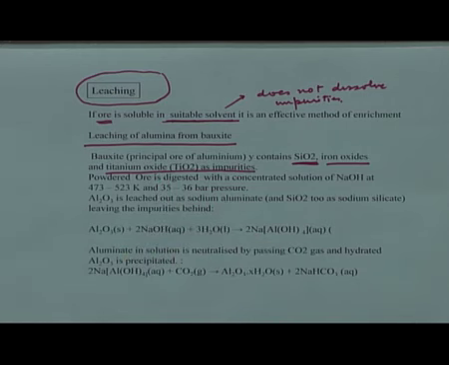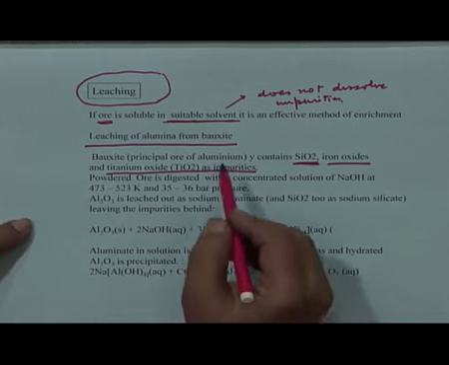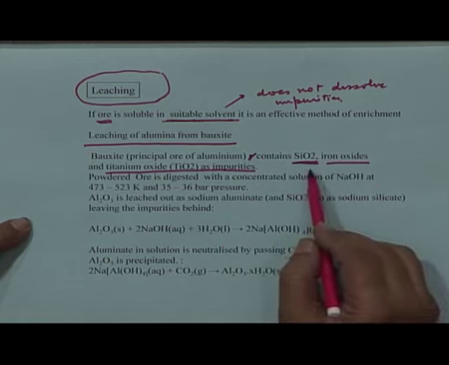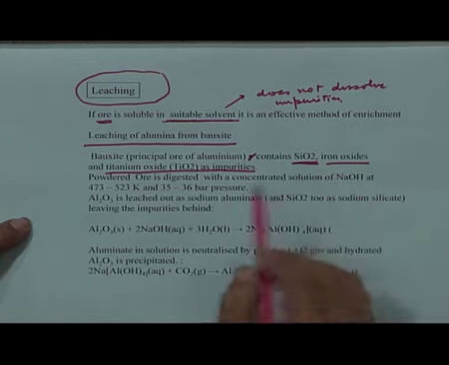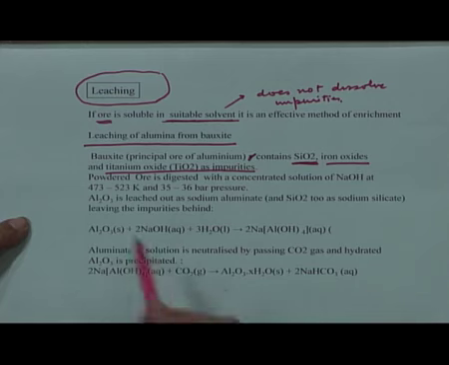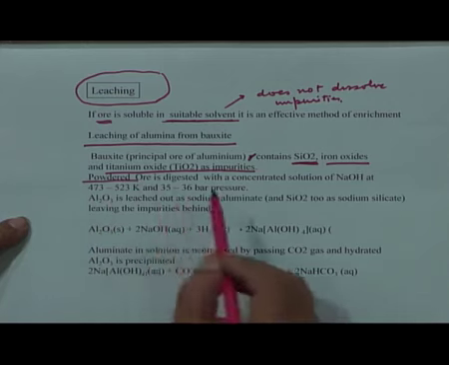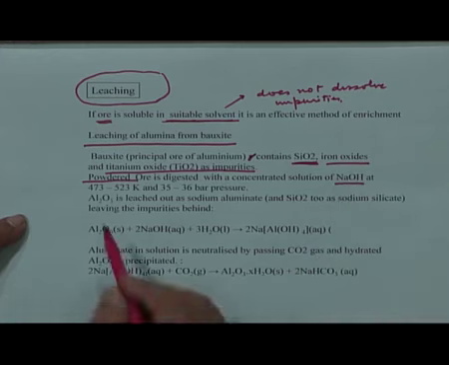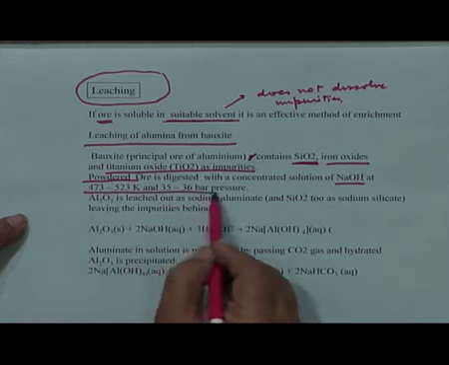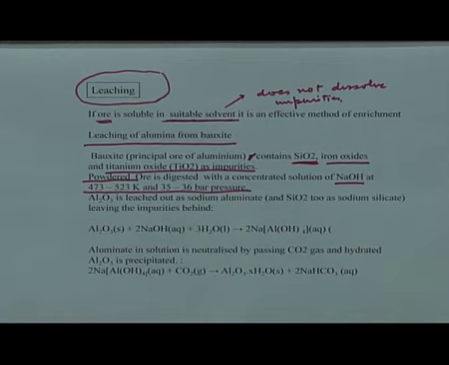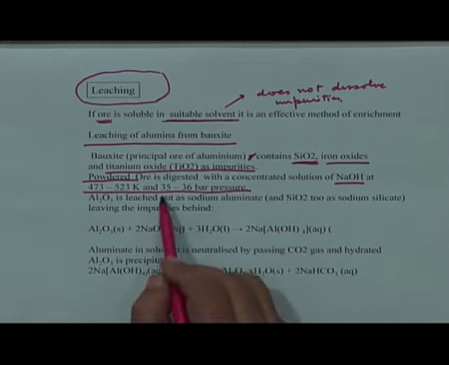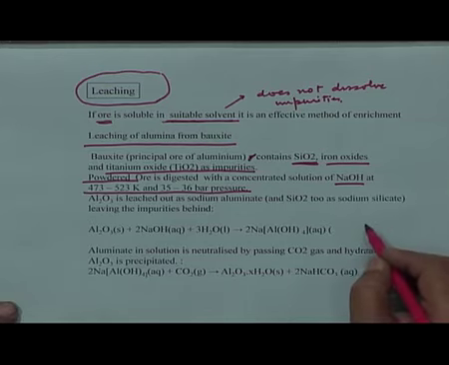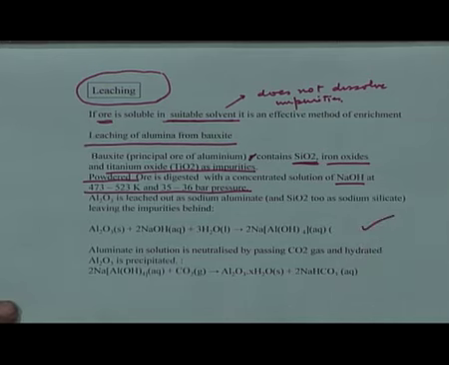But there is a difference between the property of alumina and the property of silica, iron oxide, titanium oxide. If you powder the ore and digest it with concentrated solution of NaOH, under these conditions, that is around 400 to 500 Kelvin temperature and a pressure of 35 to 36 bar, what happens?